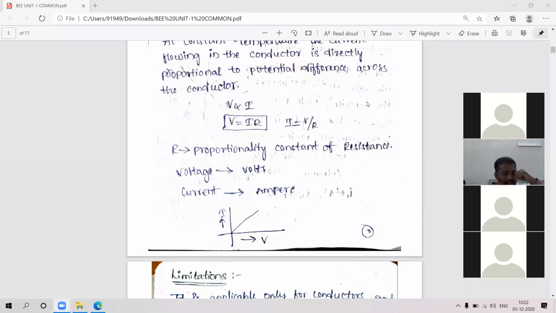You can observe the slope passing through the origin: when the voltage is 0, current is also 0. As the voltage increases, the magnitude of current also increases. Then only we can say that it is obeying Ohm's law.